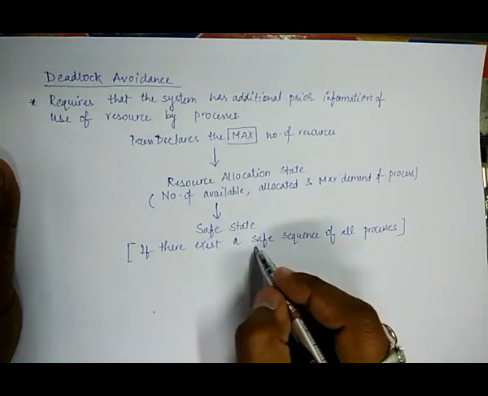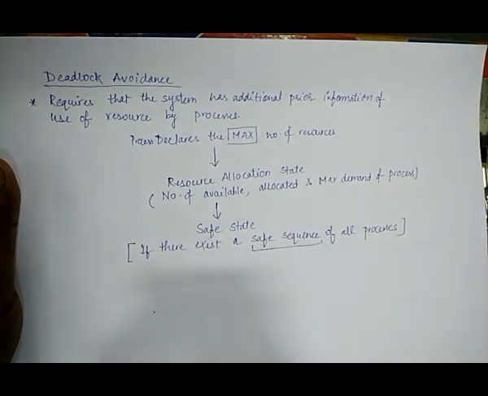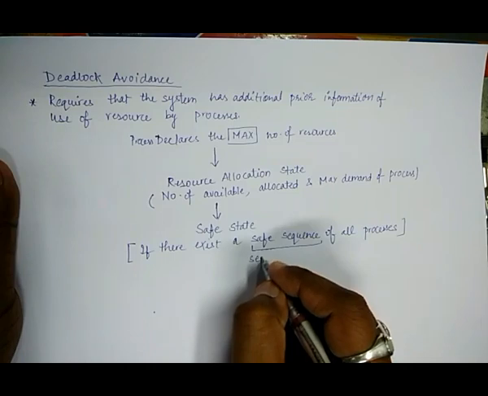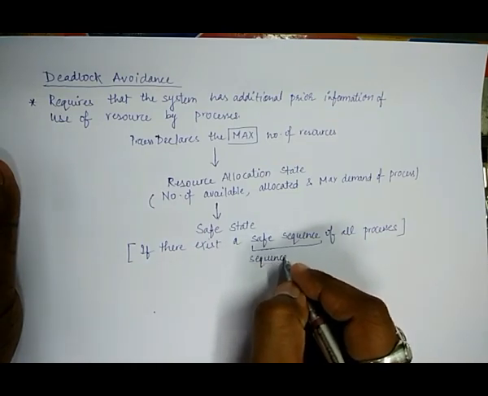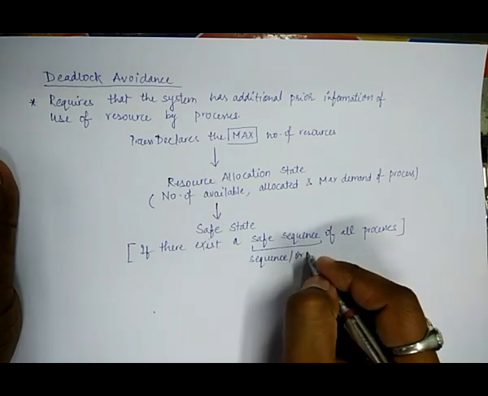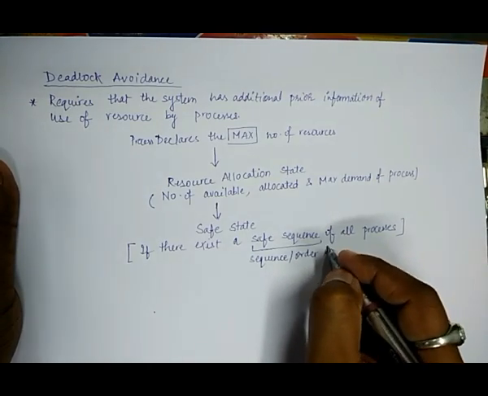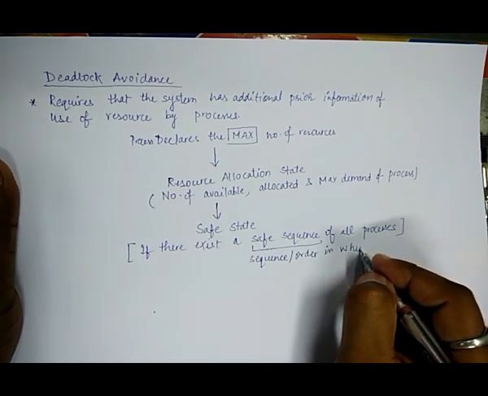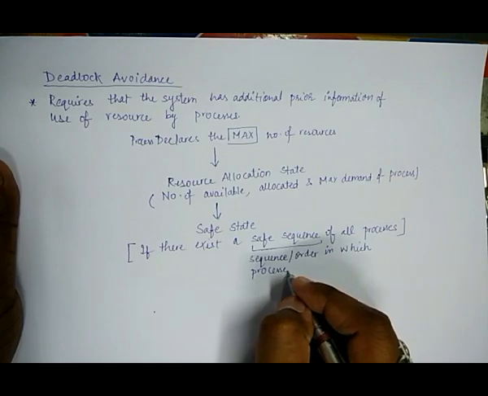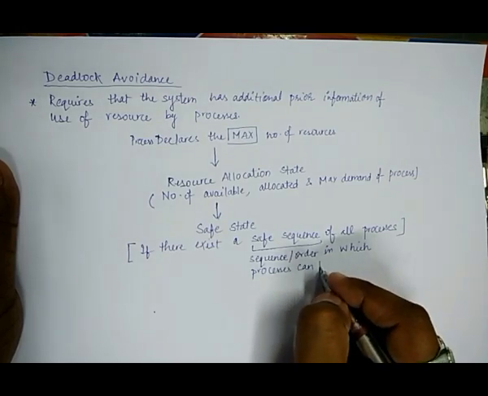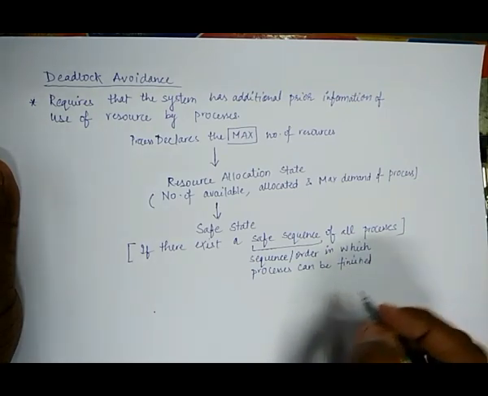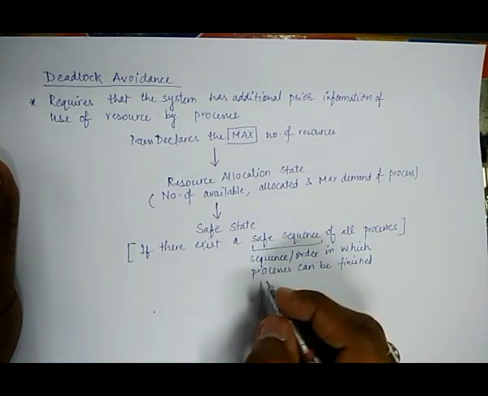Now, what is the meaning of this safe sequence? Safe sequence means a particular sequence or the order in which processes can finish their execution successfully.